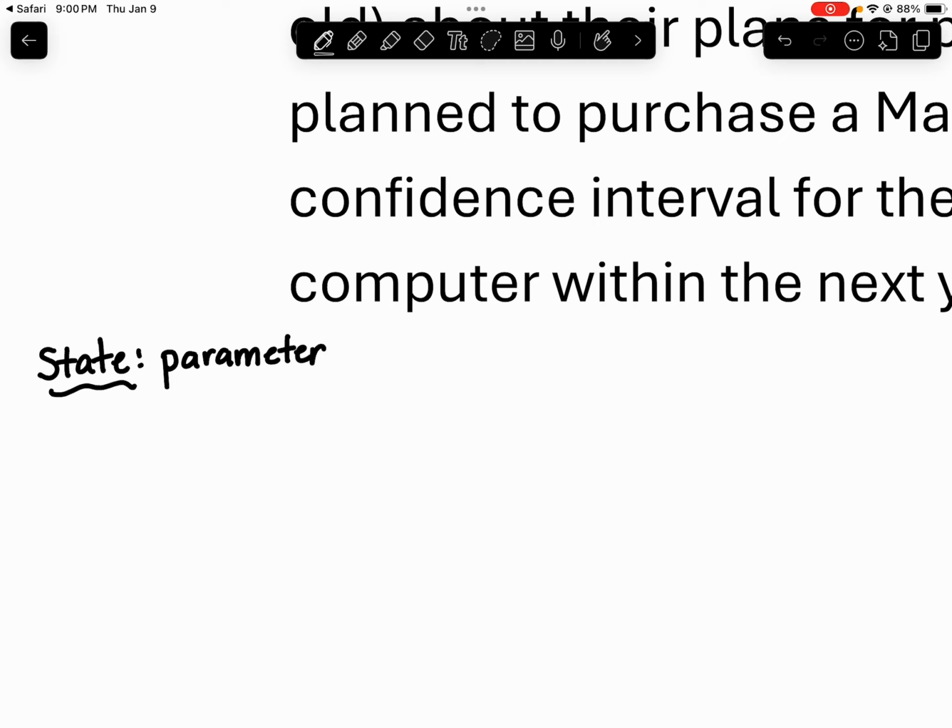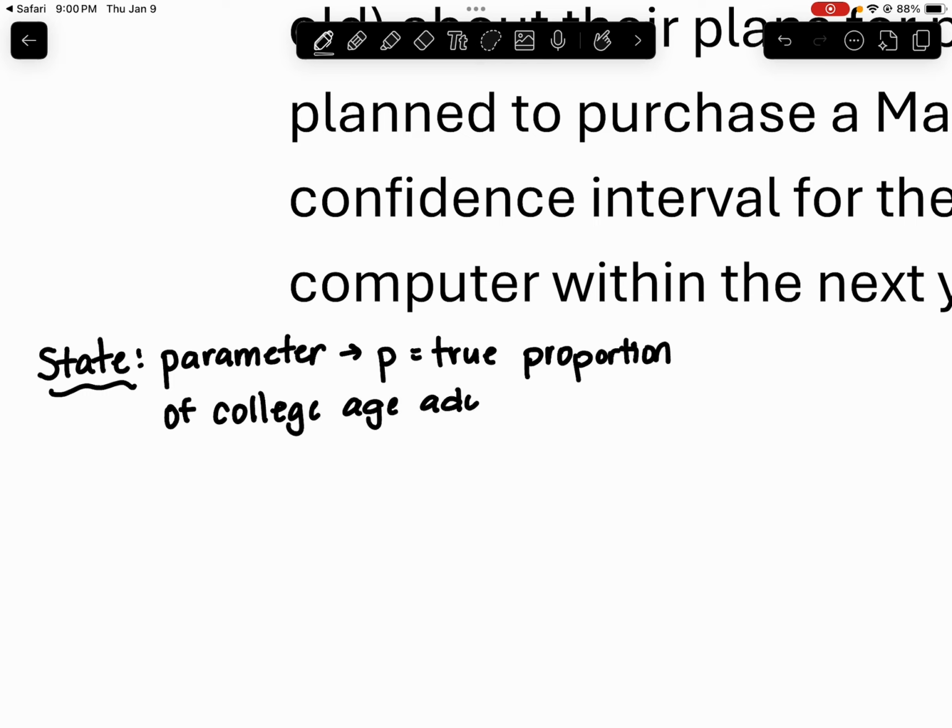Our parameter, which is our p-value, is the true proportion of college-age adults to purchase a Mac.